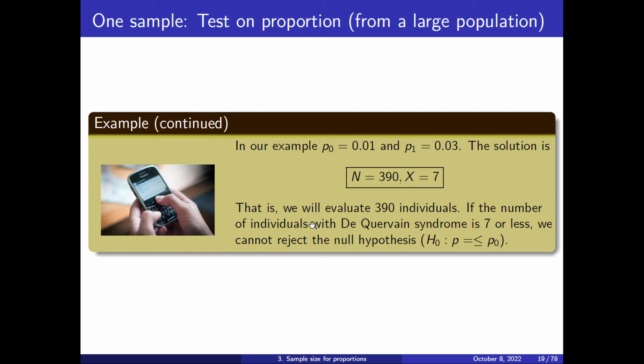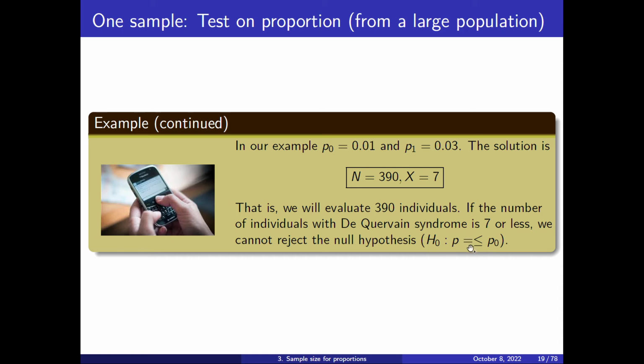If, among these 390 heavy users of the smartphone, the number of people with the De Quervain syndrome is 7 or less, then you cannot reject the null hypothesis.